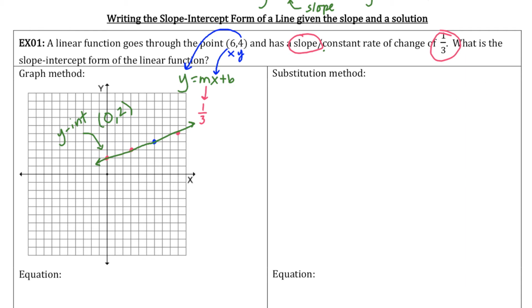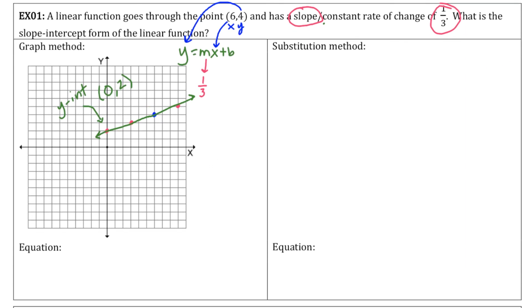So my equation should be fairly easy to write at this point. y equals, remember, we don't need the 6 and the 4. We just need this 1/3 x, and then our y-intercept, which is 2, so plus 2.